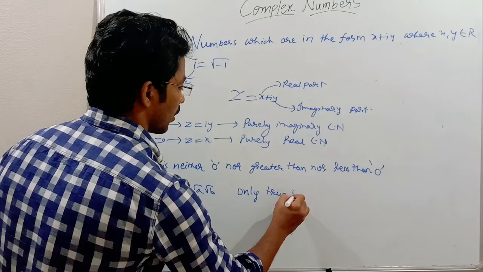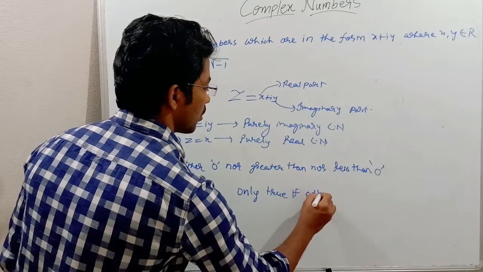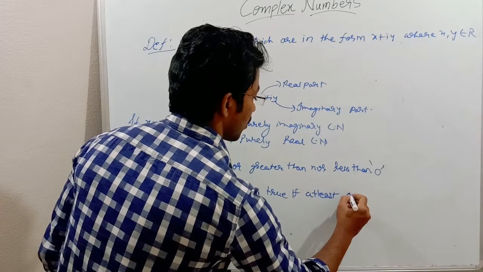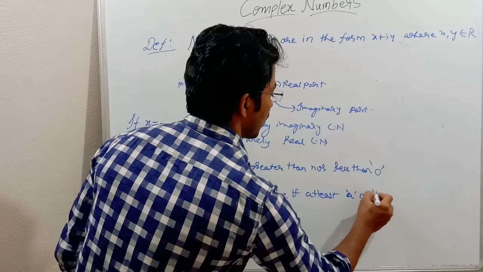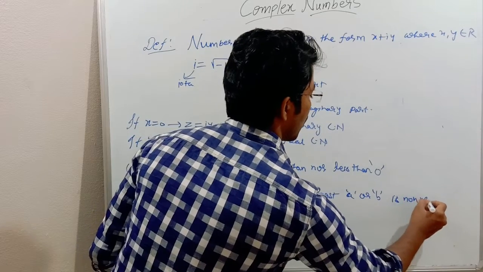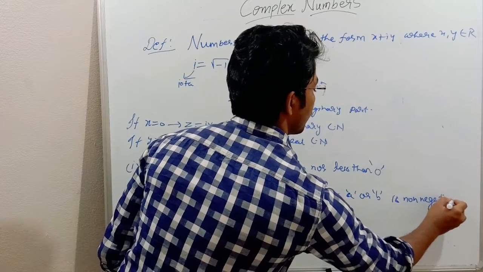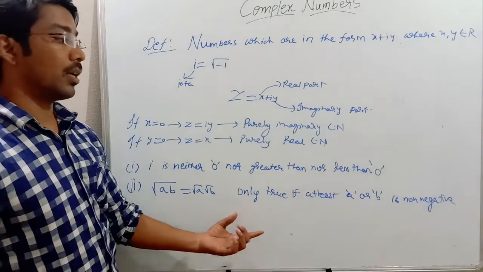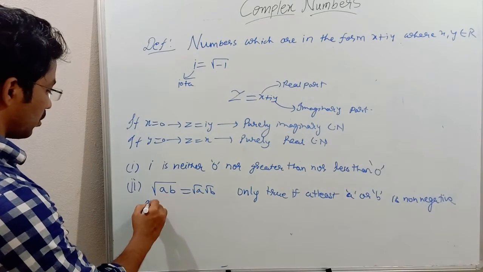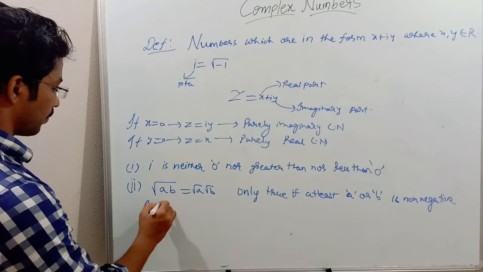true if at least A or B, at least one of them, is non-negative. At least one of them should be a non-negative number. So for example, let us prove this formula.